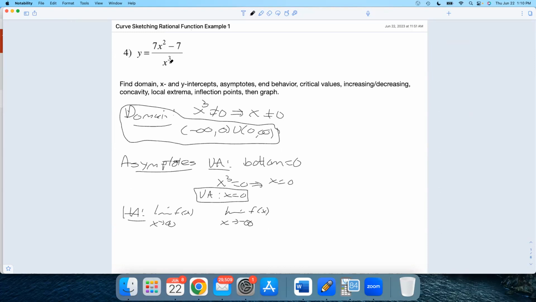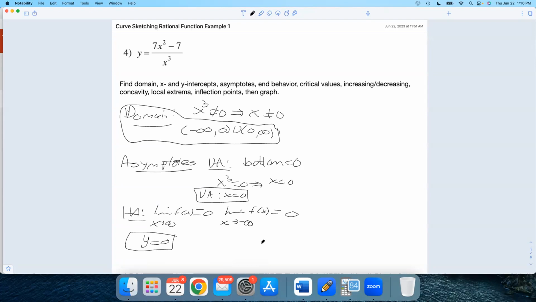We've got to remember all those three different cases. If the top's bigger, you have no horizontal asymptote. If they're the same, you take the ratio of leading coefficients. If the bottom's bigger, the answer is 0. Both of these are 0. Take the limit as x goes to infinity. This thing goes to 0. So that means our horizontal asymptote is the horizontal line y equals 0.